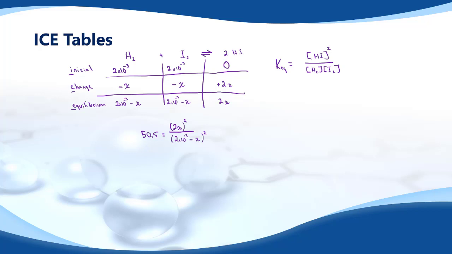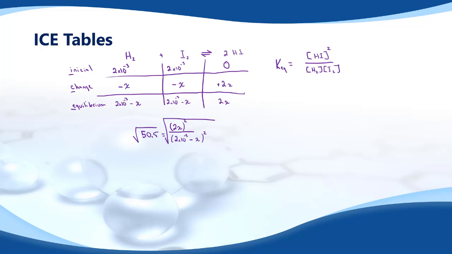Now notice here, this is actually a very straightforward solve. The reason why is because this side is entirely a perfect square, so all I have to do to solve this equation is just square root both sides. Right?